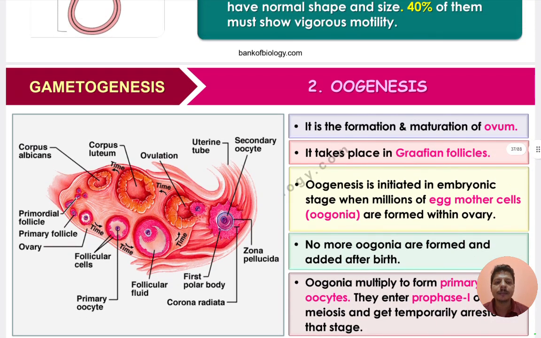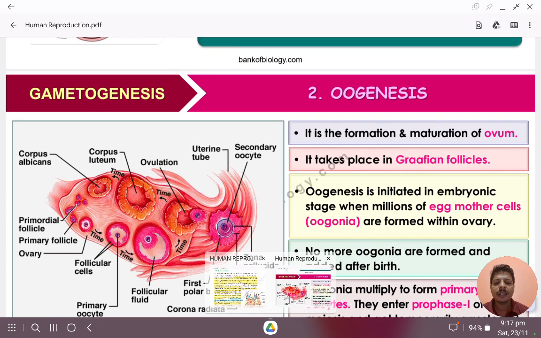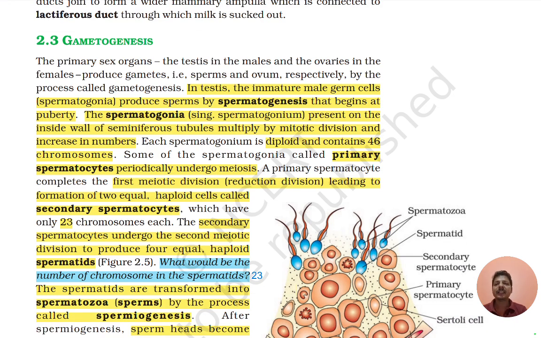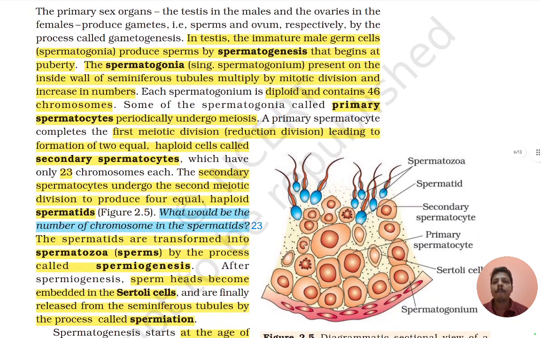Next is oogenesis. Before starting oogenesis, let's see what your NCERT says here. The primary sex organs, the testis in the male and the ovary in the female, produce gametes, that is sperm and ovum respectively, by the process called gametogenesis. In the testis, the immature male germ cells, spermatogonia, produce sperm by spermatogenesis that begins at puberty.